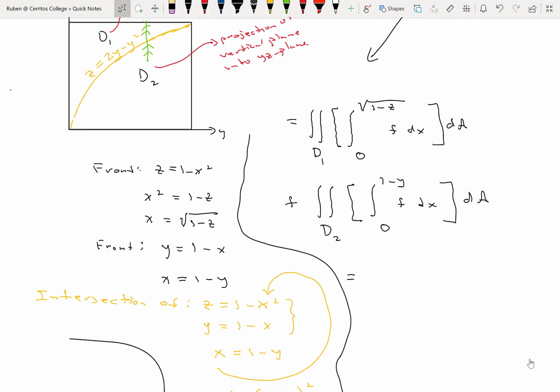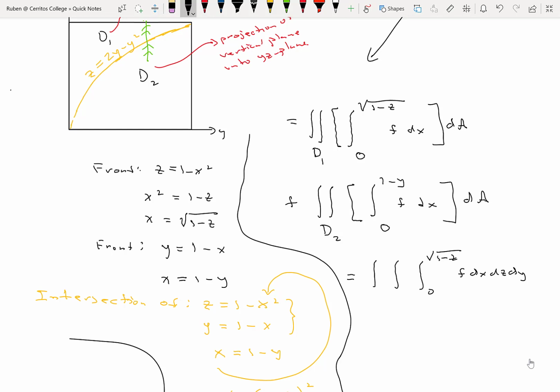So our first integral is then transformed into an iterated integral. The innermost integral doesn't change. So it's 0 to 1 minus z of f dx. But dA now, since we're interpreting this as a type Roman numeral 2 region, it's dz, lower to upper, dy, left to right.